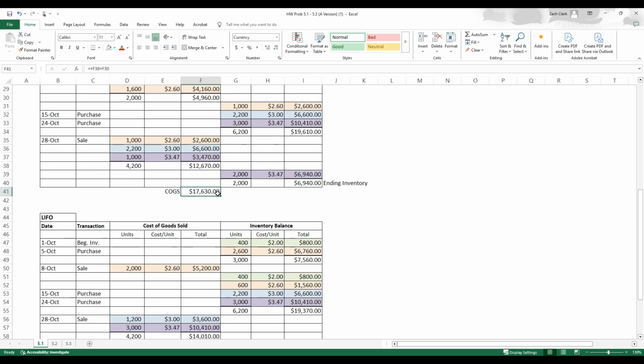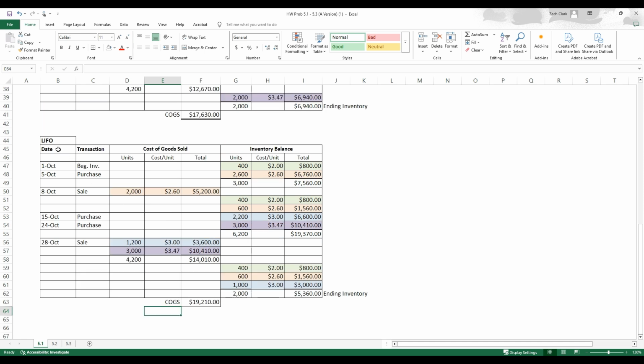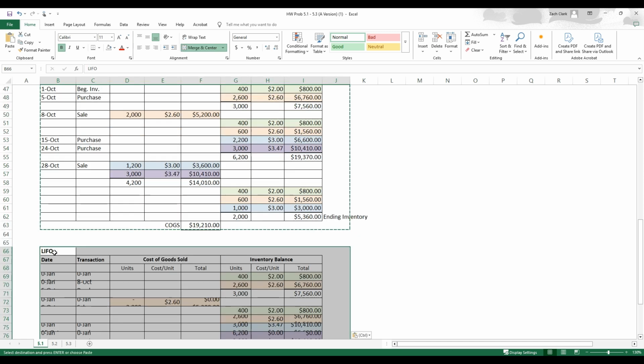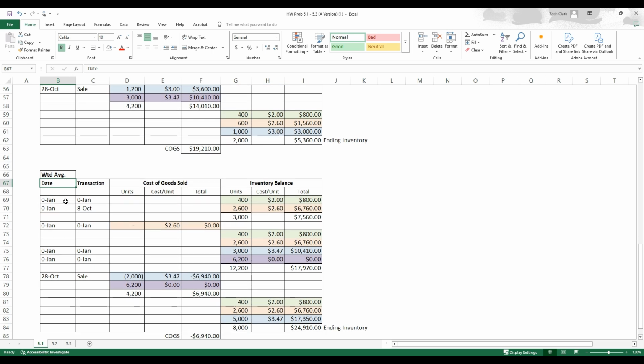Whereas with FIFO, we had a little different amount there. Okay. Cool. Let's wrap this up with our weighted average method. Just for the sake of saving space, I'm just going to do WTD AVG.